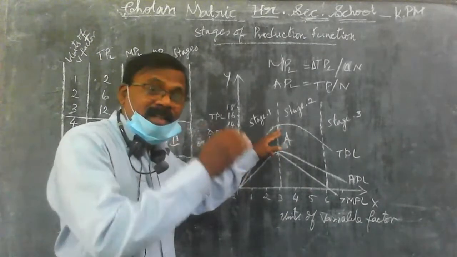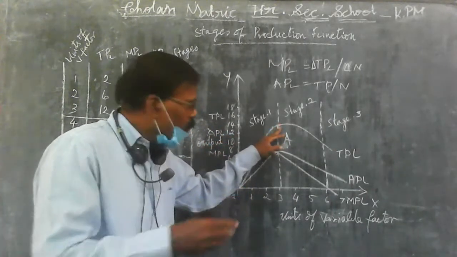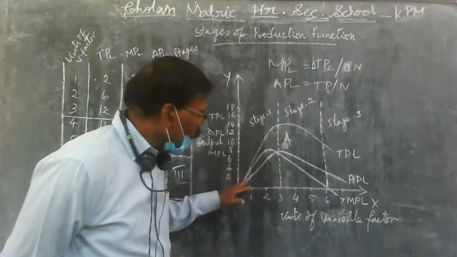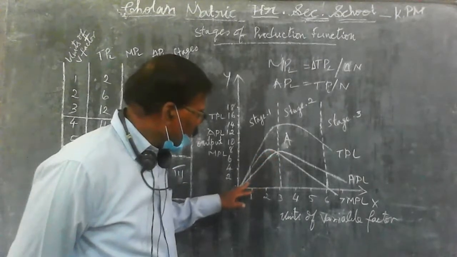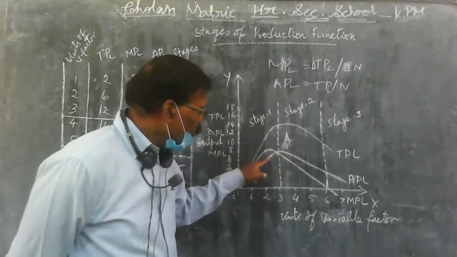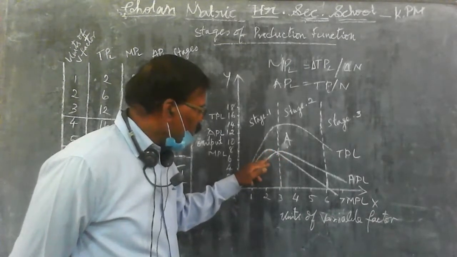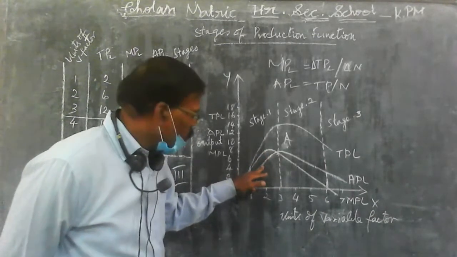What about the marginal product? Marginal product increases. Here average product also increases. Now, when the marginal product increases, it is higher than the average product. Look at this diagram.